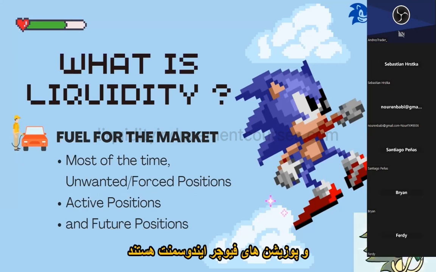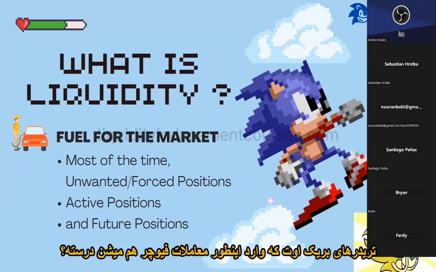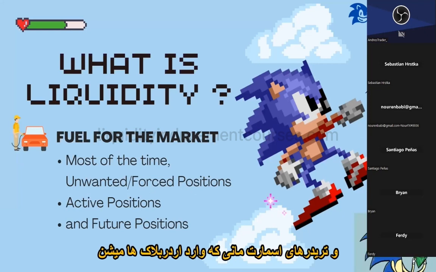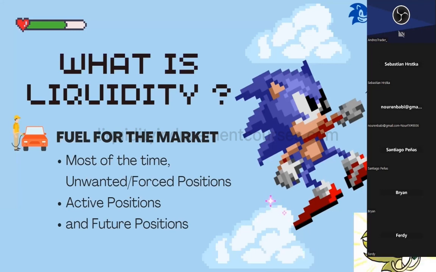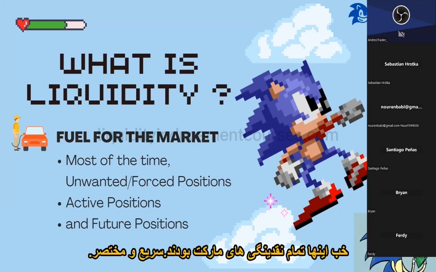And future positions, simply a simple inducement. Breakout traders will jump on this, right? This is a future trade, and SMC traders jumping on this OB. So that's the whole liquidity for the market.